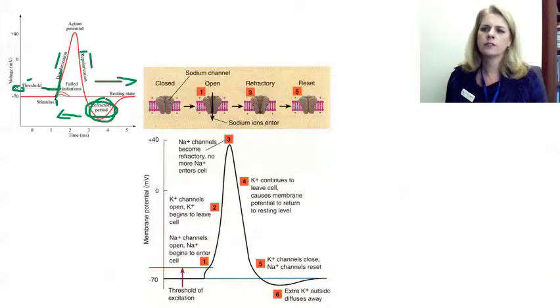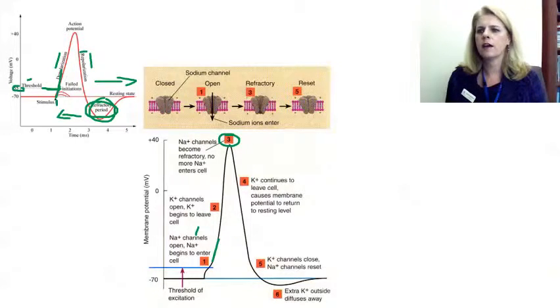Again, just to overview and put everything on one slide, you can see where at depolarization, your sodium channels open, okay? At the top, when you get to positive 30, your sodium channels will close, and before that, more sodium will enter the cell.